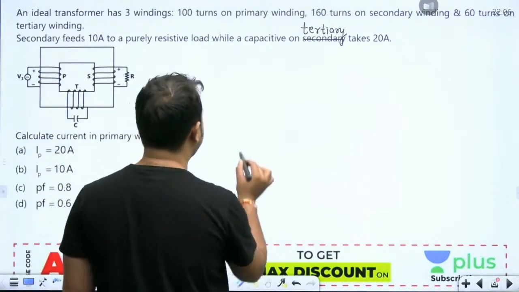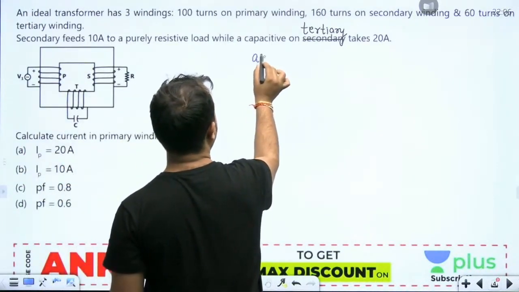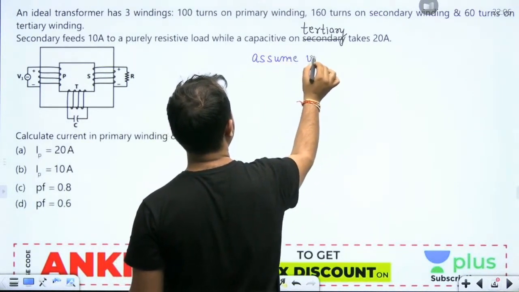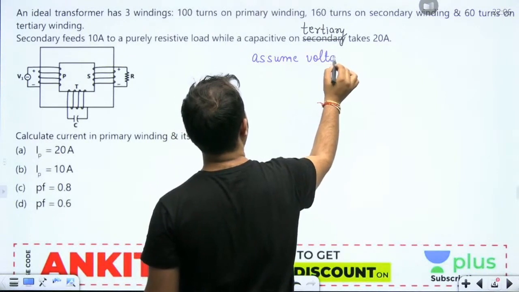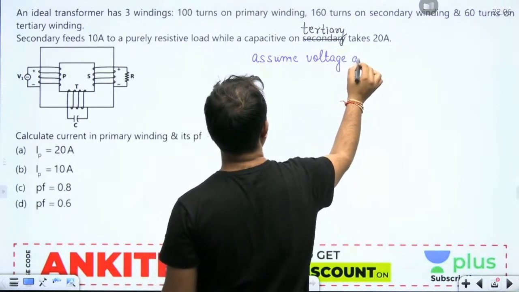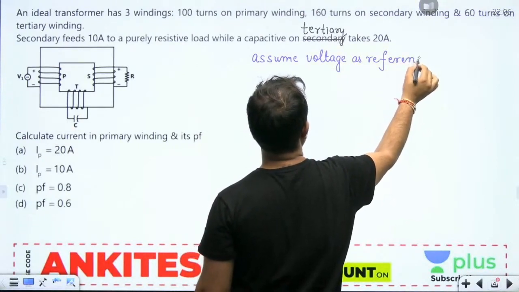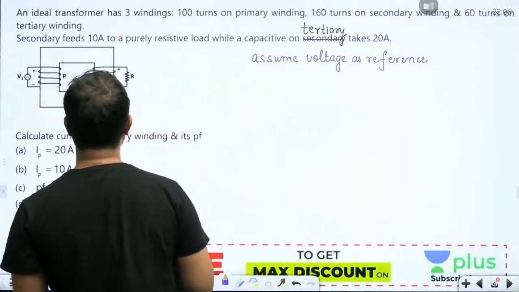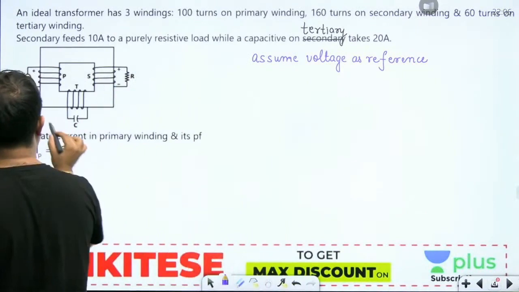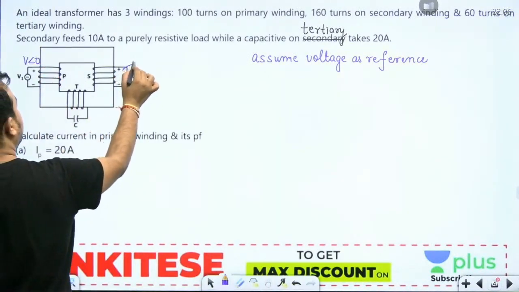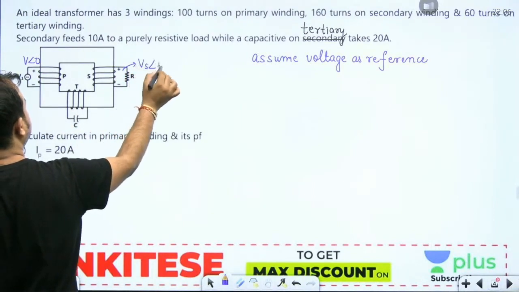Now, in such type of problems, first you have to assume something as reference. Assume voltage as reference. When you assume the voltage as reference, if the primary voltage has an angle 0, then the secondary will also have an angle 0.